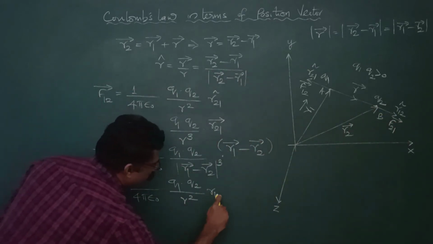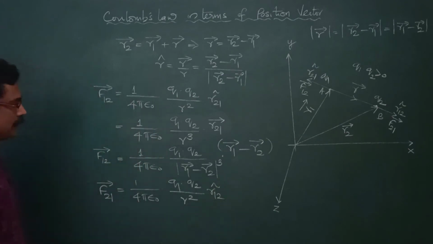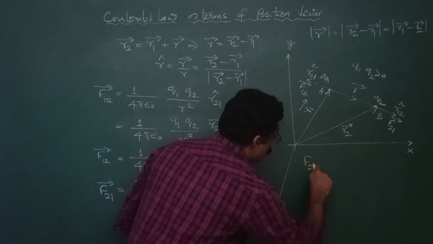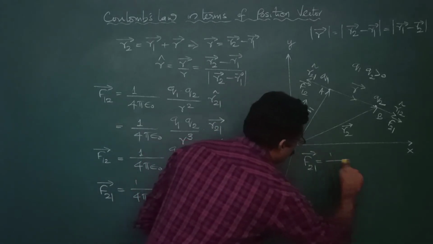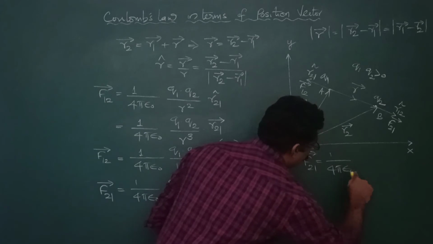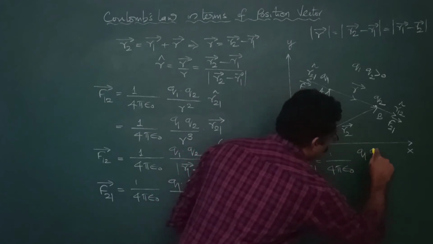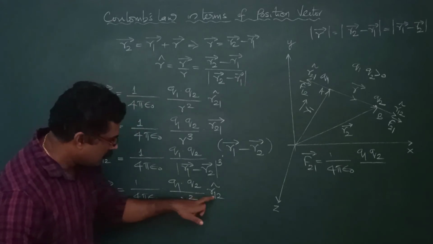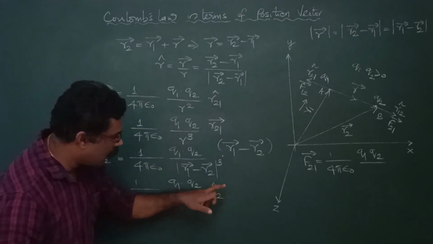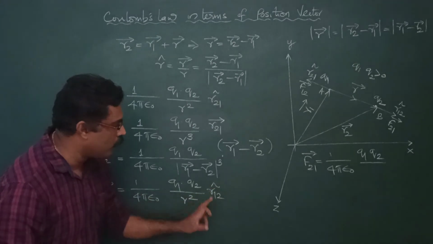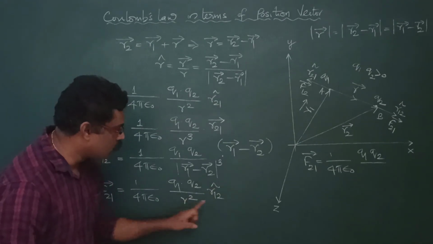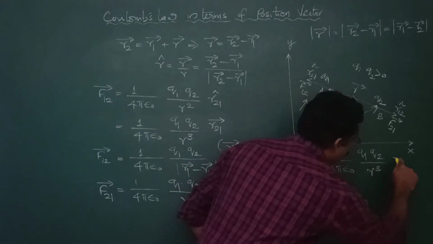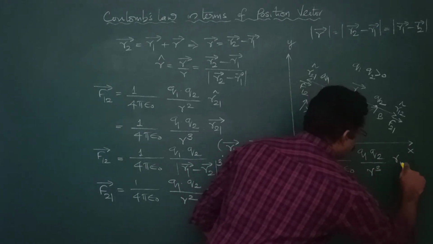Again you can rewrite this equation as f21 vector is equal to 1 by 4 pi epsilon 0 into q1 q2 divided by r square. Here r12 cap is equal to r12 vector divided by modulus, that is r square into r, which is r cube, into r12 vector.